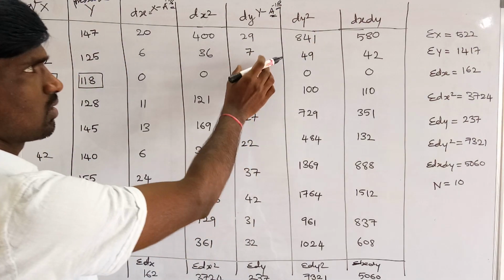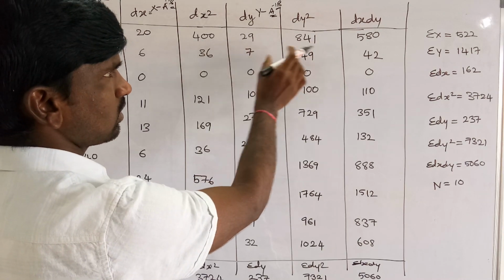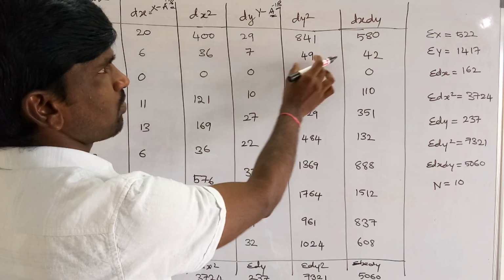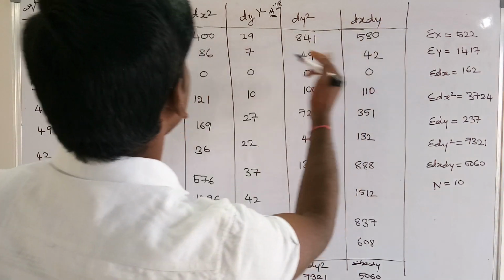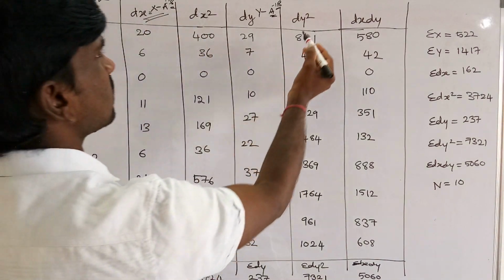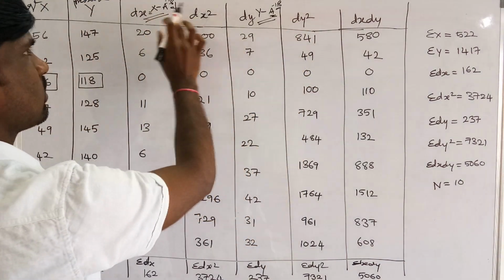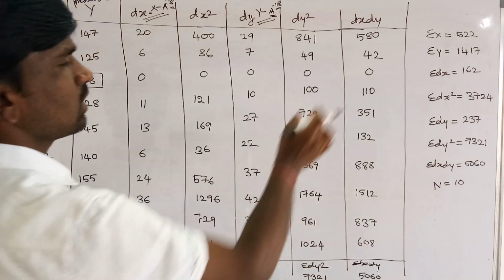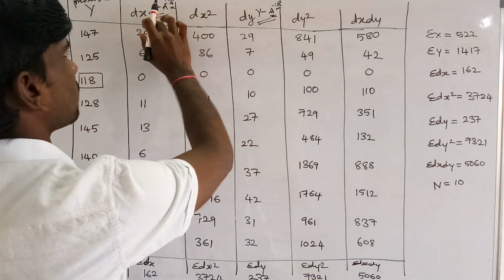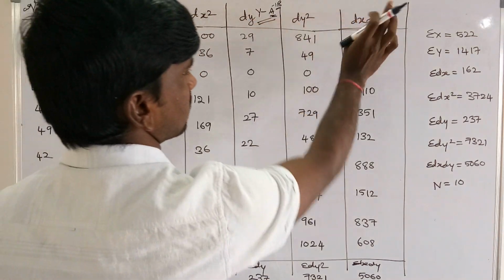This is the deviations of y and the square of deviations of y. So this is the dx, this is the dy, deviation of x and deviation of y. Here we have multiplied the deviations of x and deviations of y, that is dx dy.